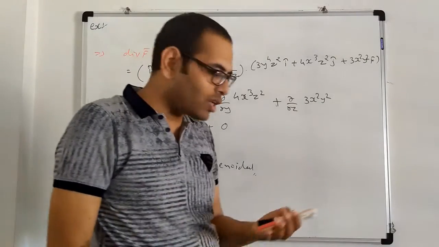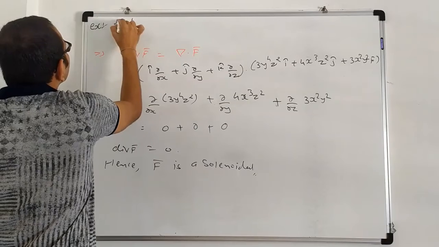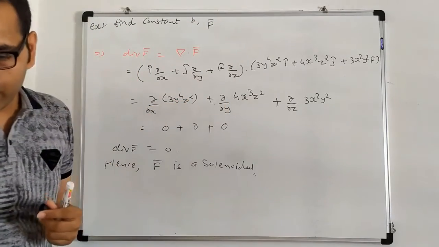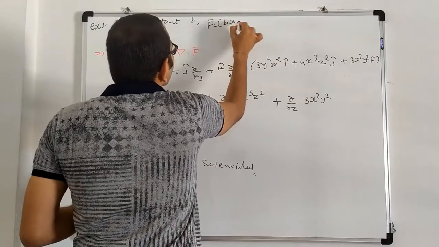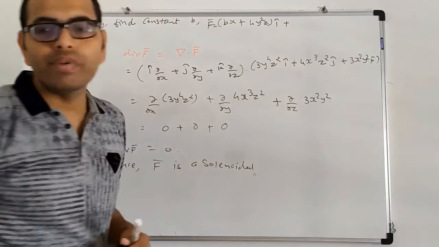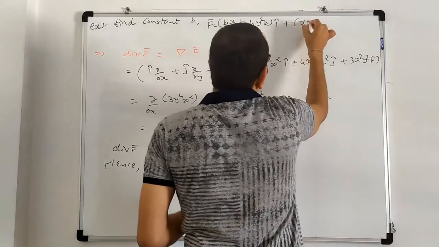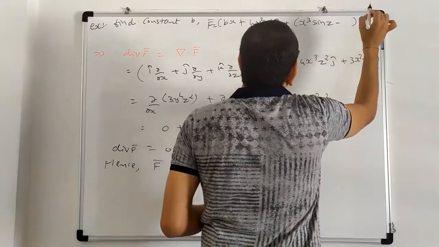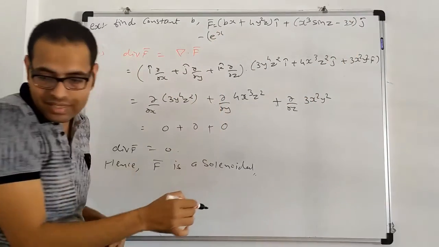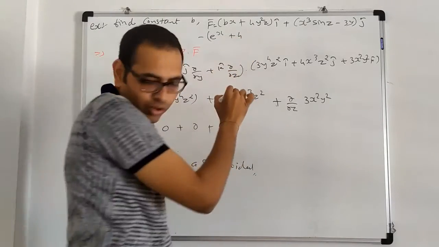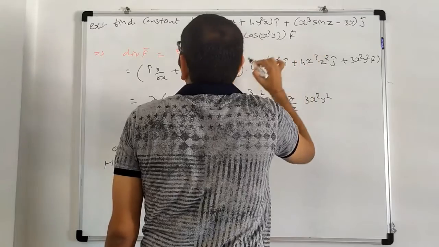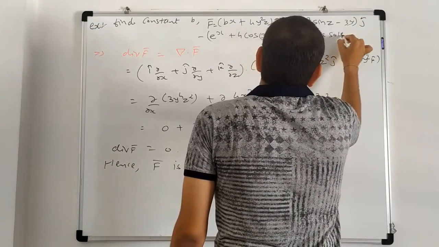Example is: find the constant b if the given vector f bar equal to (bx plus 4y square z) i cap plus (x cube sin z minus 3y) j cap minus (e raised to x plus 4 cos x square y) k cap is solenoidal.